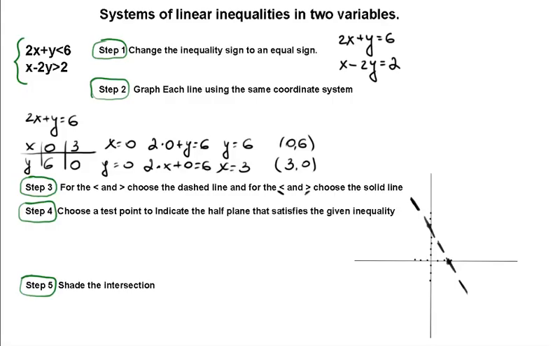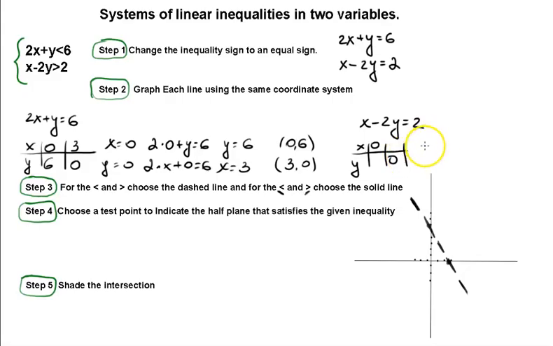Then I need to do exactly the same thing with the second equation. The second equation is x minus 2y equals 2, and it's in standard form. I'll use the same method to find the intercept points, when x is 0 and when y is 0.